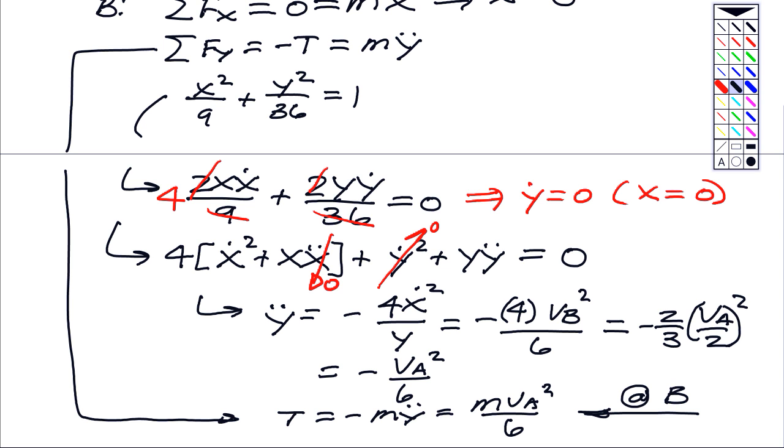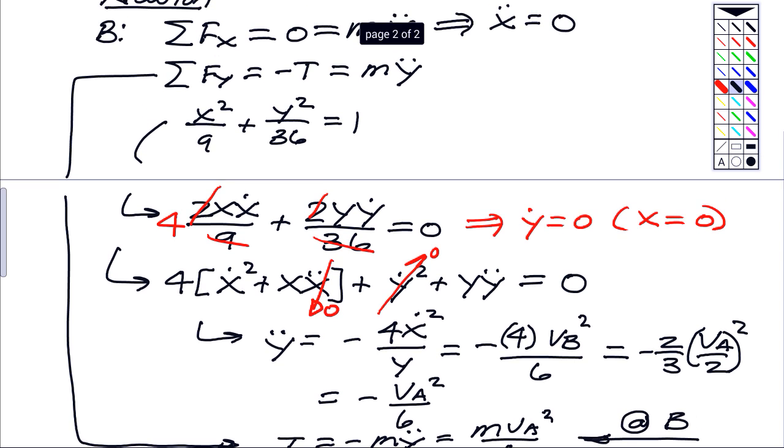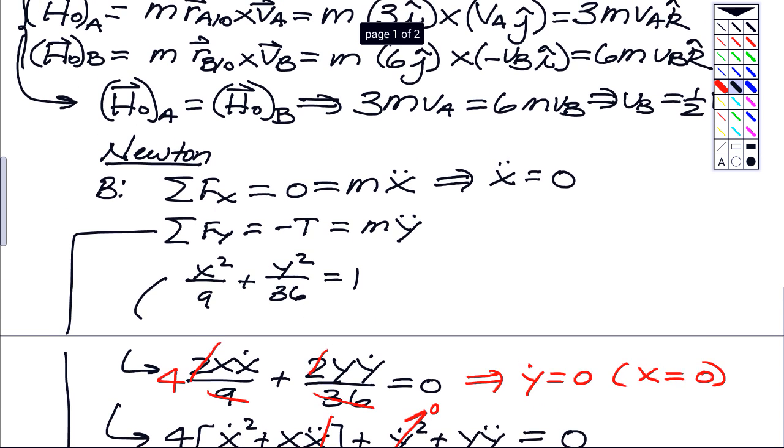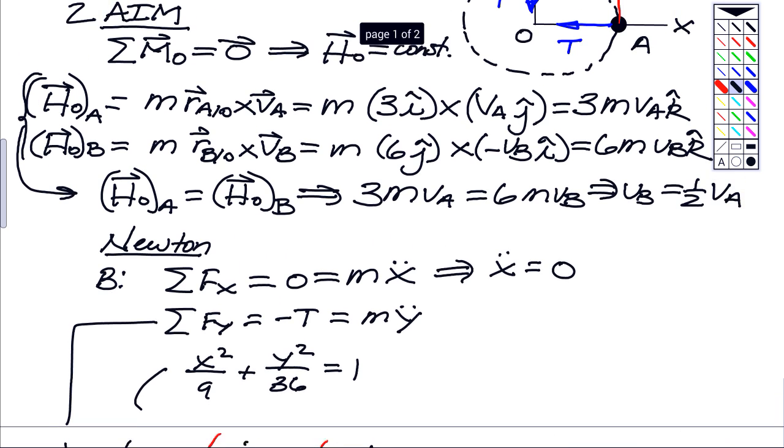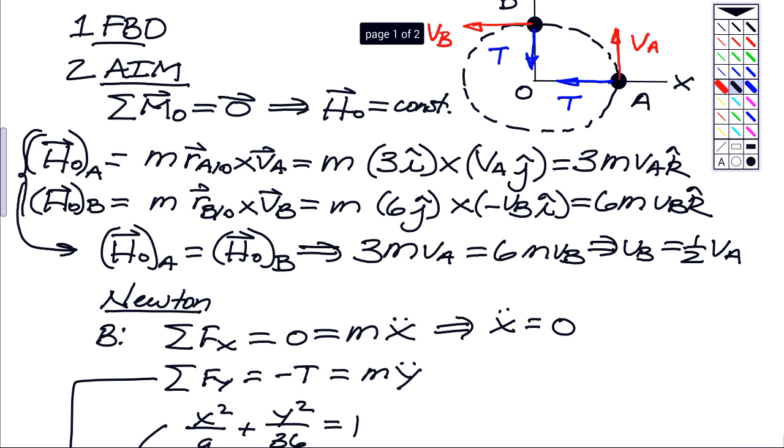So the primary focus of this problem is to use the conservation of angular momentum, or I should say the angular impulse momentum equation, to figure out what the speed is at B. We know what it is at A, and the particle must move under the central force of T in such a way that the angular momentum about O is a constant.